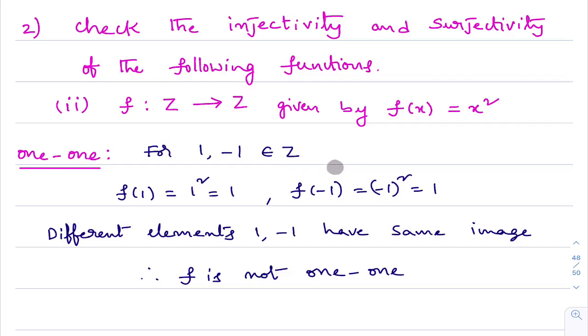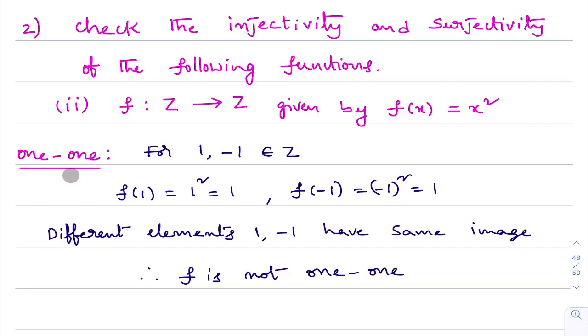When they have the same image, then we say it is not 1-1. Different elements in domain set must have different images in codomain set. That is the definition of 1-1 function. Here, when it is not 1-1, writing the answer is very easy. We just give the reason why it is not 1-1.